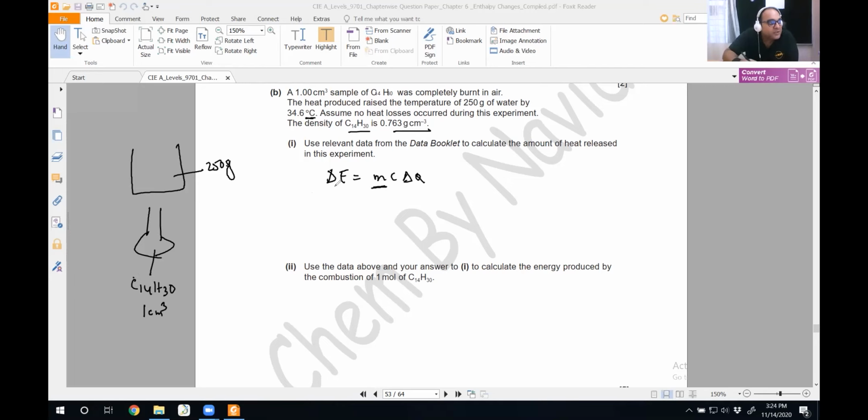So what are we heating up here? Water or C14H30? Water. So we would take the mass of water, which is 250. And what is the specific heat capacity of water? 4.2 joule per gram per degree Celsius, into, what is del theta here? 34.6.